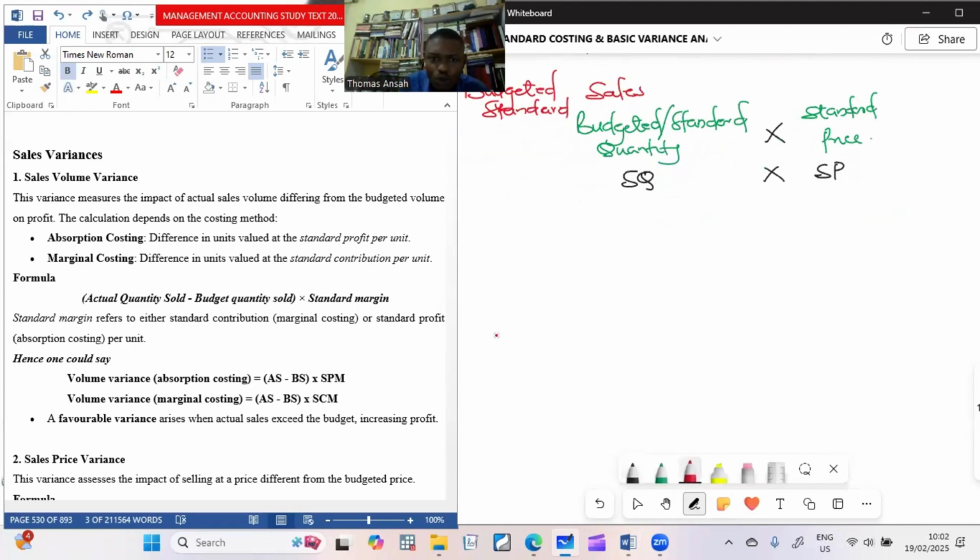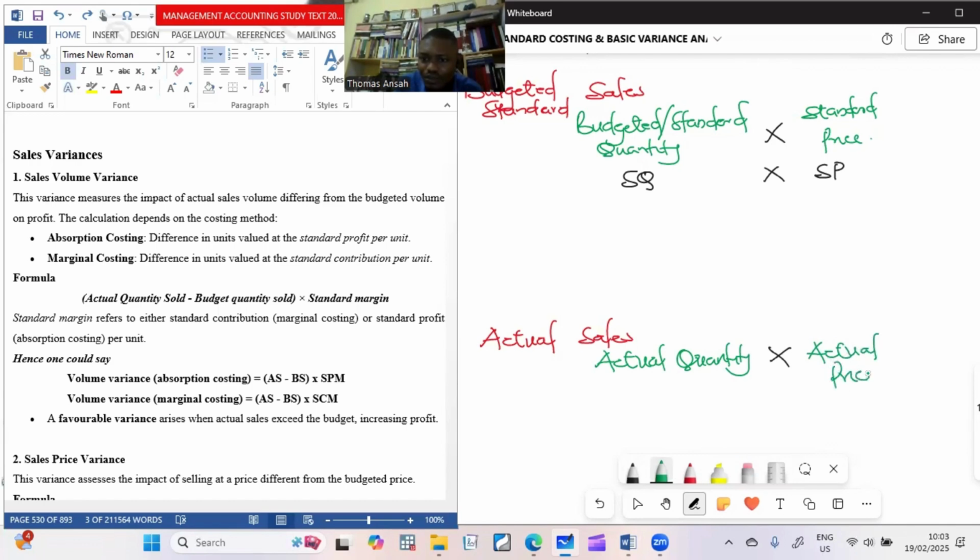But we will be comparing it with the actuals that happen, the actual sales. And how will we find actual sales? We will need the actual quantity that we sold. Here is budgeted quantity sold; here we will need actual quantity. Then we will multiply the actual quantity by the actual price.